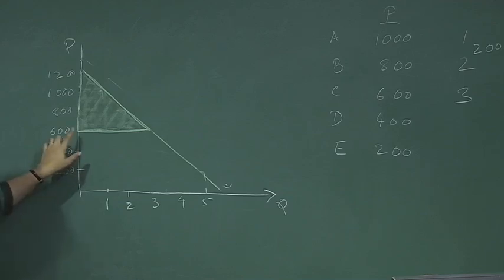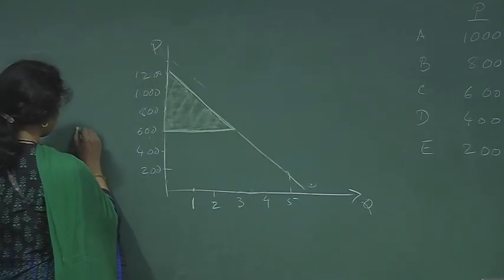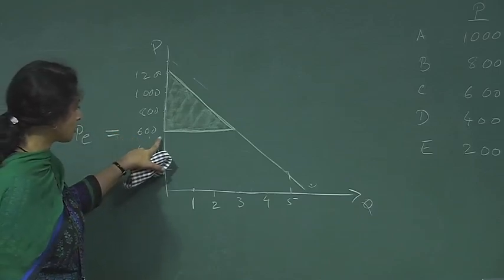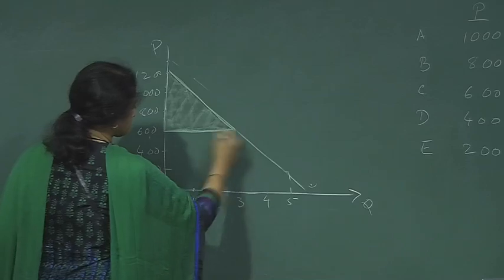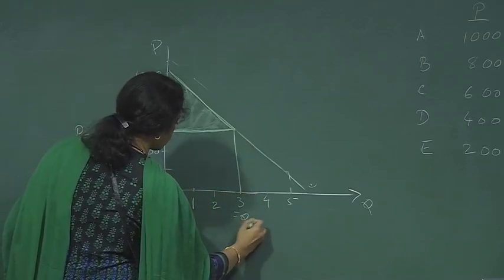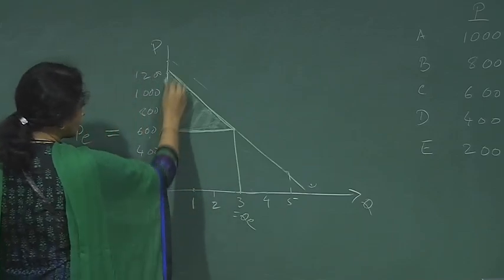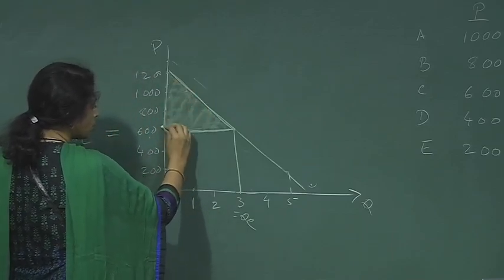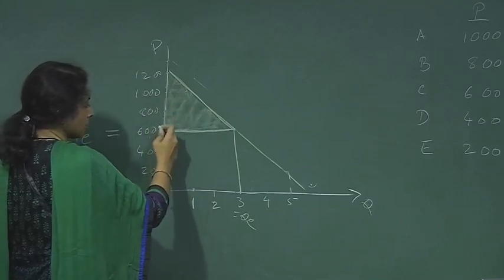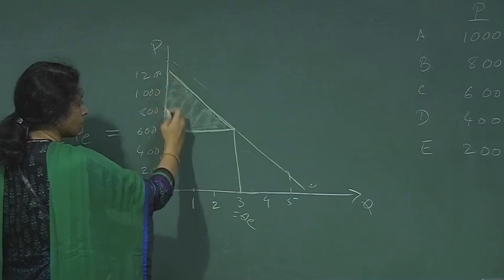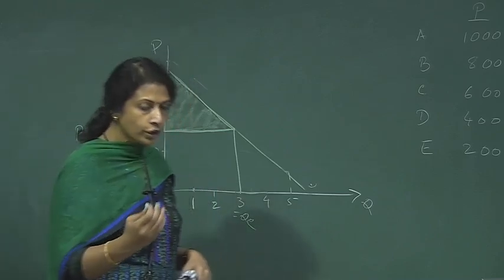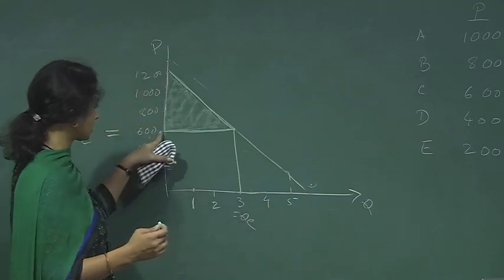If PE is the market price, and the market price PE is 600, then 3 t-shirts will be sold, and all these people who had a willingness to pay in this region, every buyer in this region, has a willingness to pay which is more than or equal to 600. This last person has exactly 600.